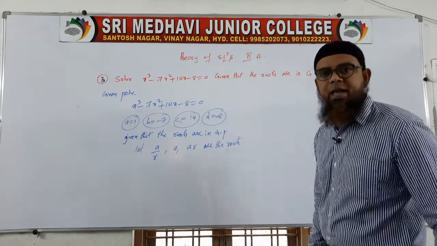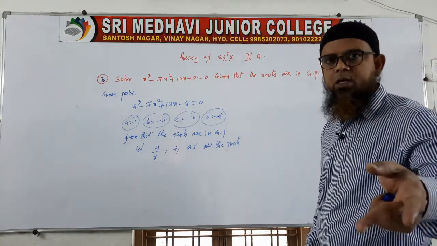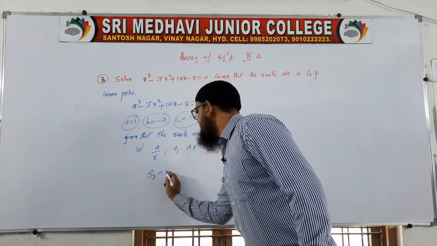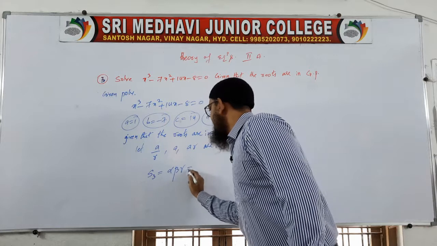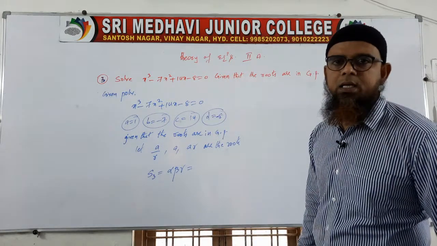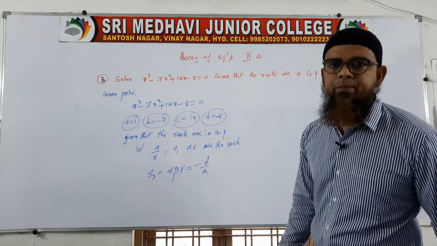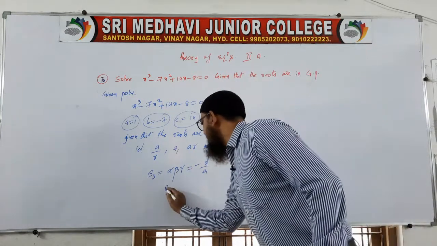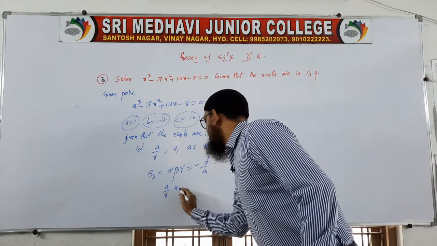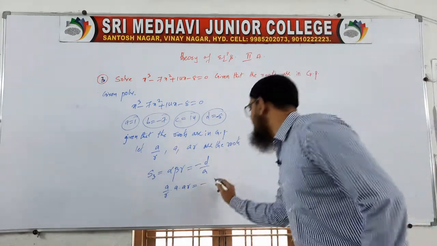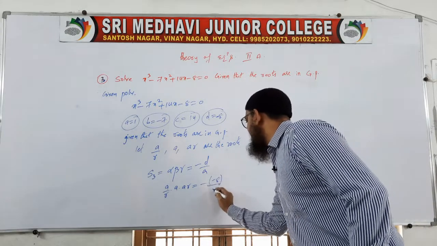Now which do I have to apply, S1 or S3? S3. The S3 formula: alpha beta gamma is equal to minus d by a. Alpha beta gamma is a by r into a into a r is equal to minus, what is the value of d here? Minus 8, a value 1.